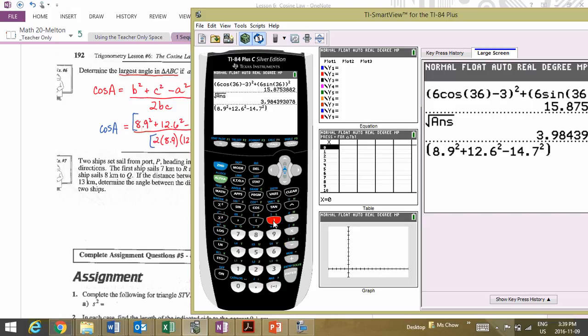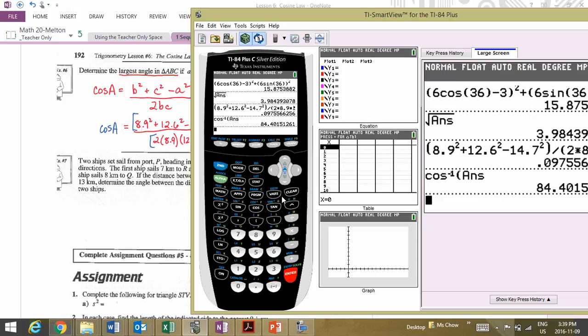Close the bracket for the numerator, then divided by the denominator, which is 2 times 8.9 times 12.6. So it's that numerator divided by the product in that denominator, and that will give us the cosine ratio. Then we want to do the inverse cosine of that answer, so second answer, and hit enter, and that is our angle of 84 degrees.